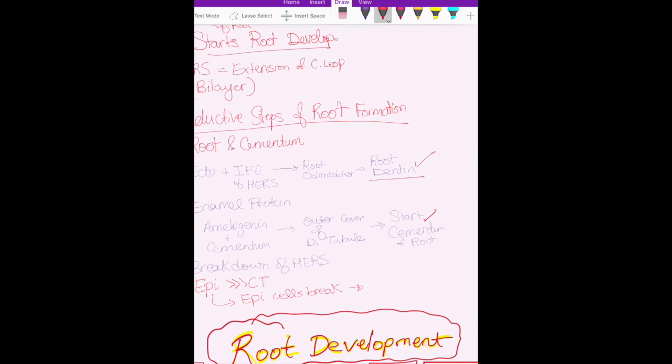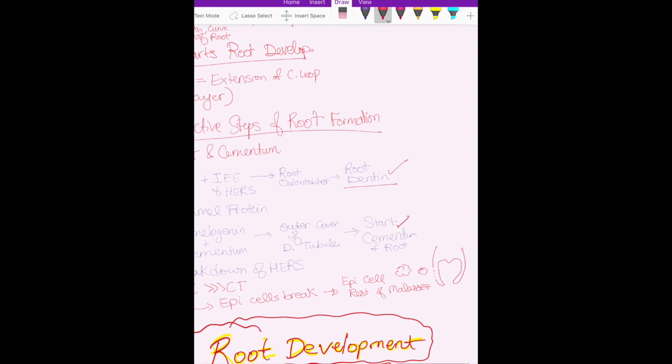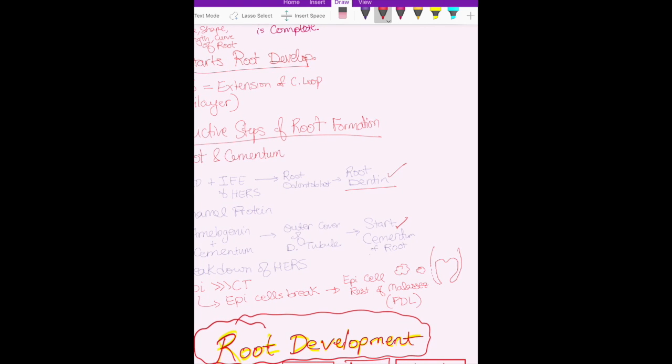As the cells stretch and break, you have these epithelial cell rests of Malassez, which are basically islands of cells that came off that epithelium that has proliferated. So you have this break, and you have some exposed dentin, or exposed cementum, of the root. Those are floating in the PDL space, if you want to think about that. Future, that comes in handy.